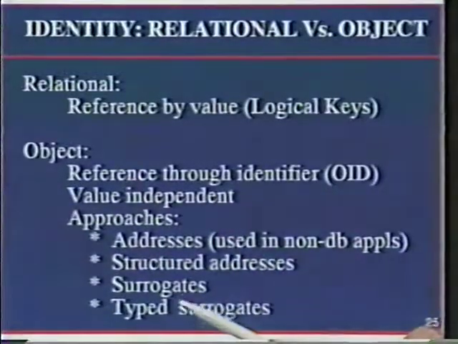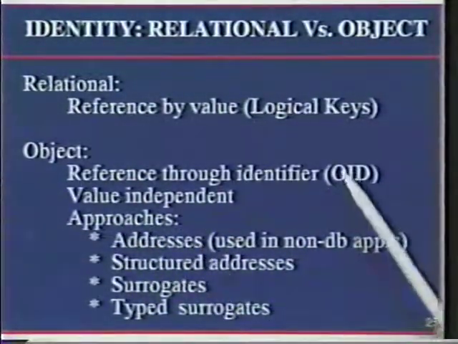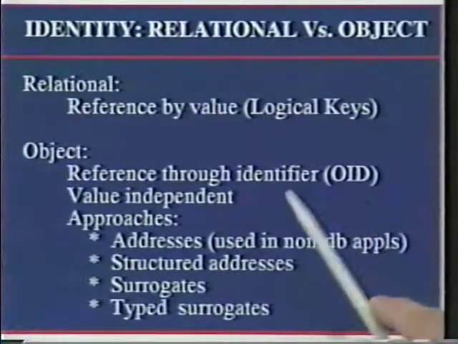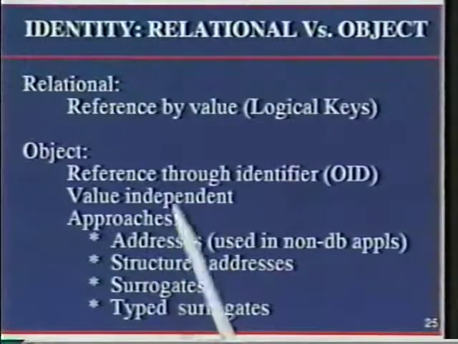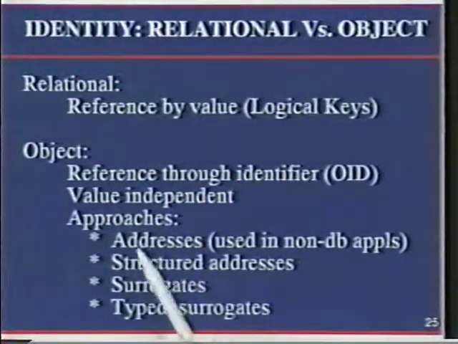There are several ways that one can generate this object identity, because we said we need some unique object identifiers. One way to do it is to generate the address of the object in the main memory. However, the problem with this process is that once the program dies, that particular address also goes away. So this is not a very useful way of doing it, and it is not generally done in database systems.